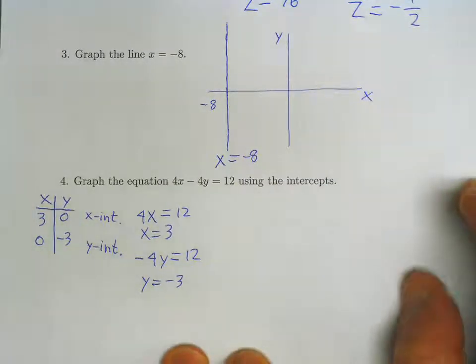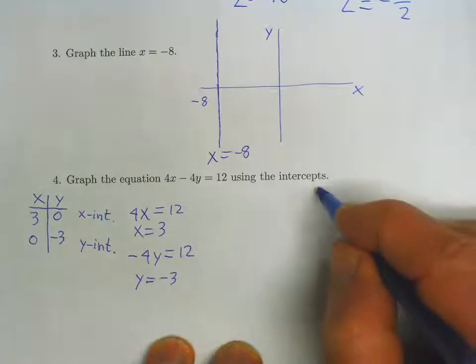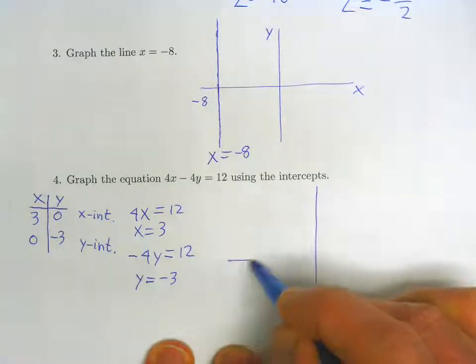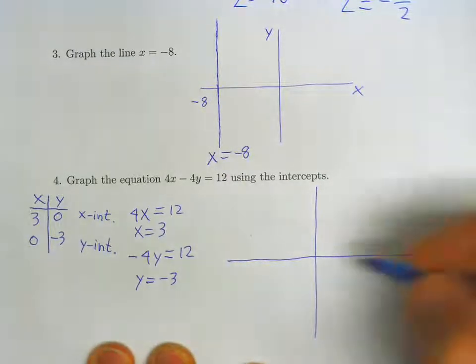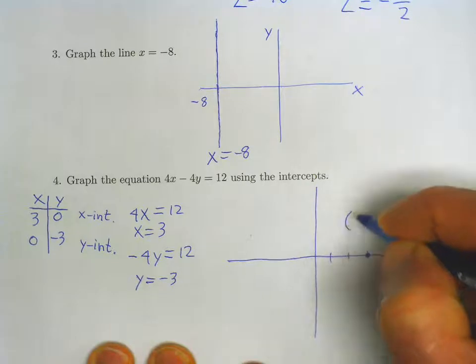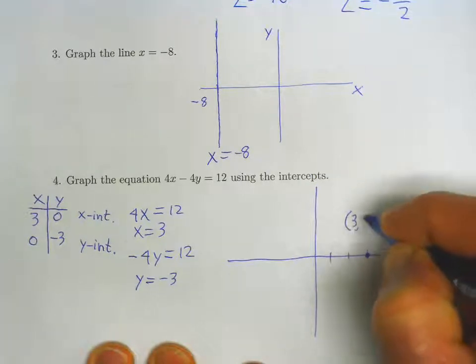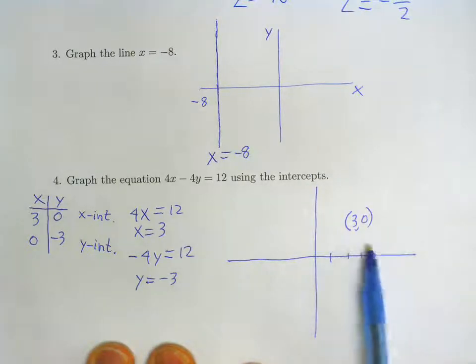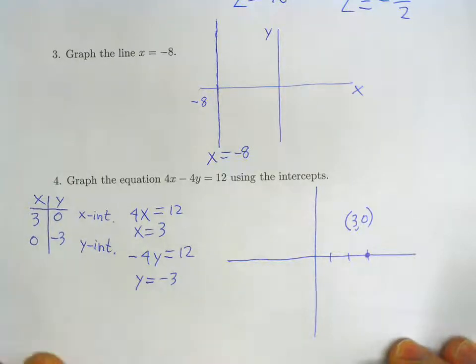Okay, so we're graphing the line. We'll plot the x-intercept. So here's the x-intercept. Remember, the x-intercept is an ordered pair, so it's (3, 0) in parentheses.